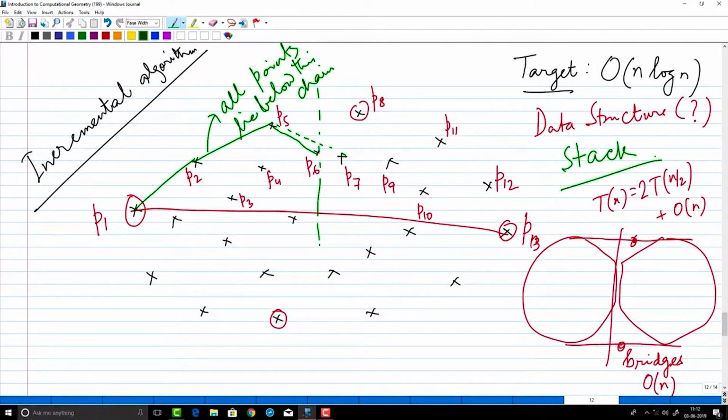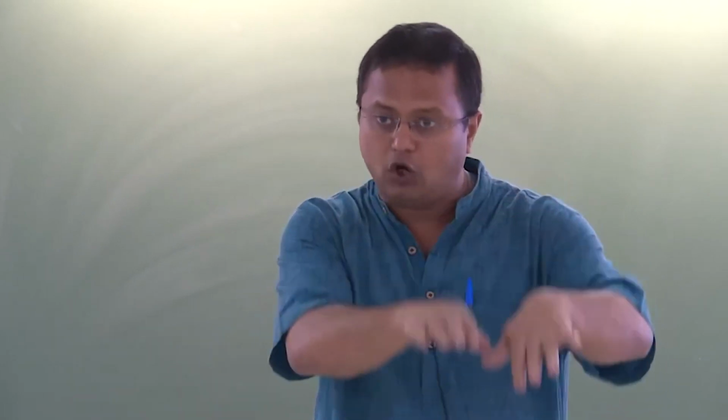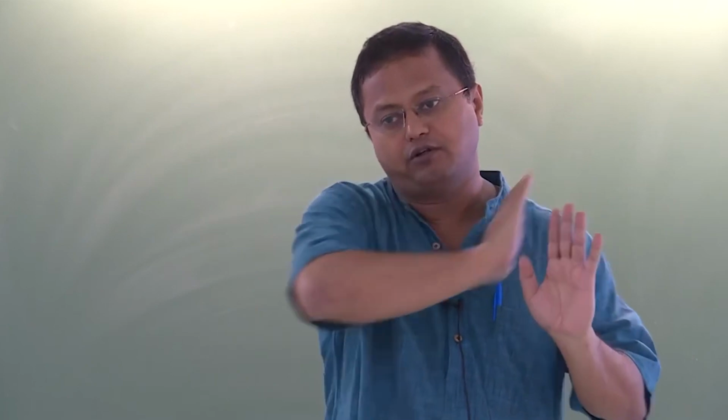The order on the stack, from top to bottom, is the right to left order of the points on the hull. Mind you, points which are below the old chain are never going to reappear on the hull, that is for sure. So, in the stack I only store the points on the hull till now, in right to left order.